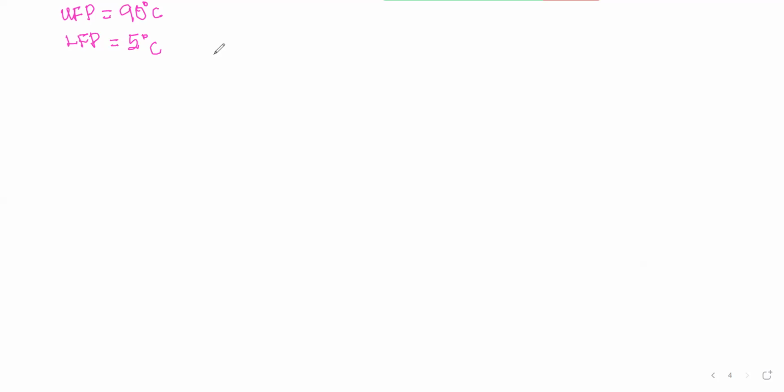If the temperature indicated by the thermometer is 30 degrees, so if theta is equal to 30 degrees Celsius, calculate the length of the mercury above the lower fixed point.